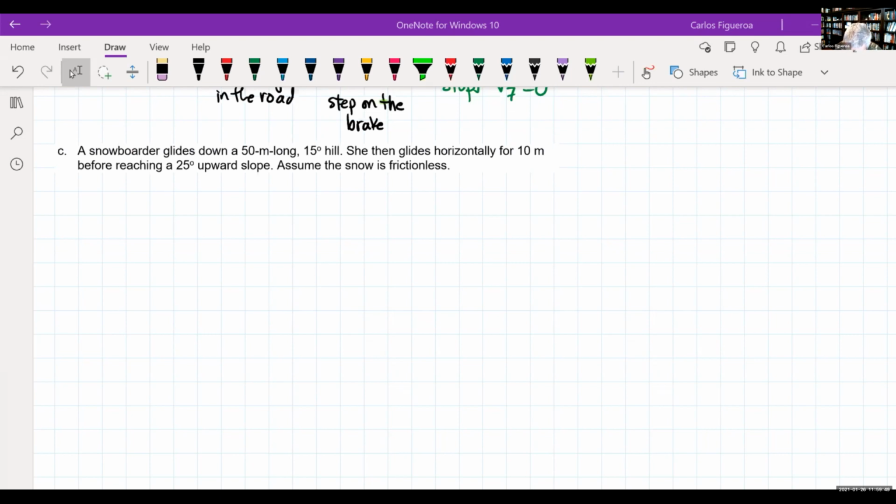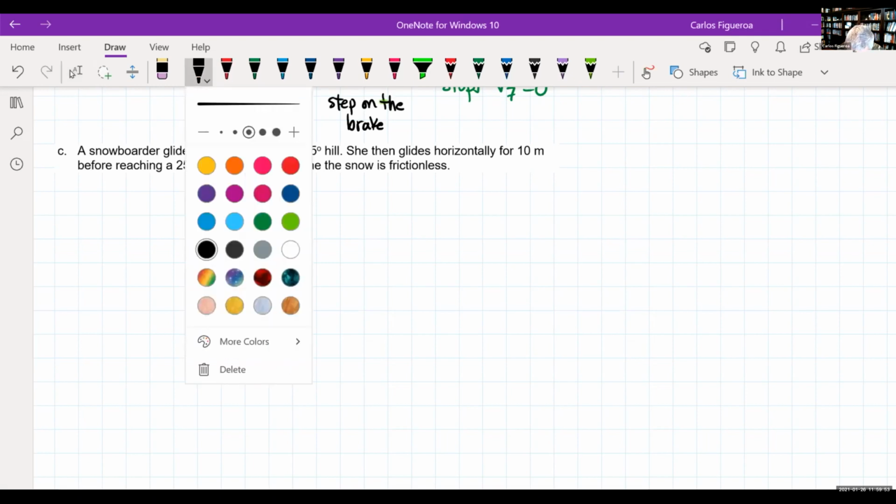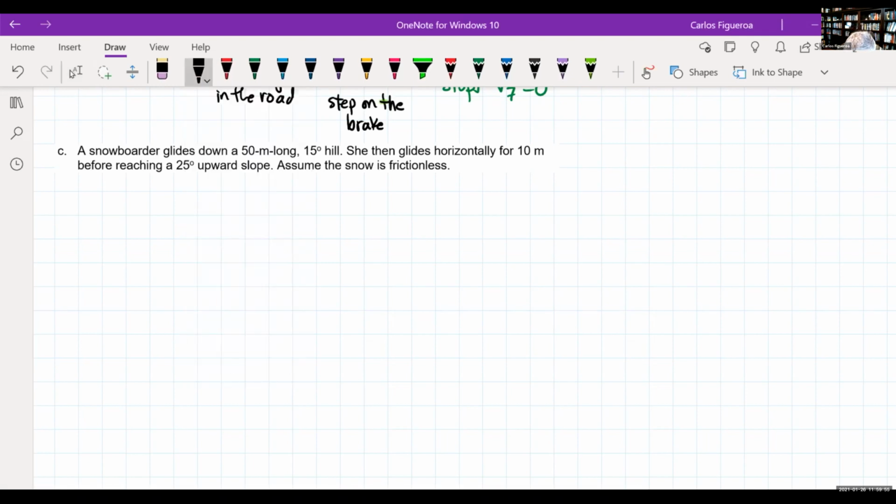So note that one of these slopes is going to be 50 meters. So I'm going to try to draw it nice and long. And then there's going to be some horizontal distance. And then there's going to be a very short 10-meter slope.